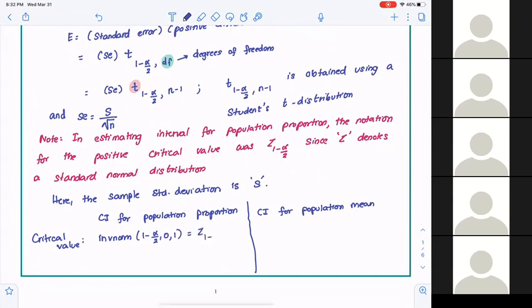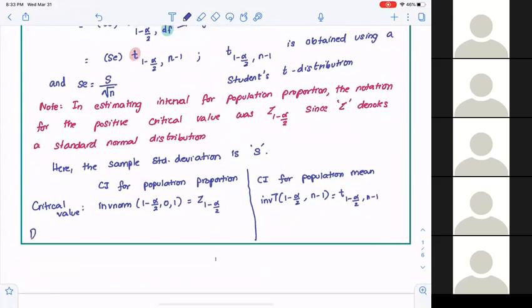That gave us z sub 1 minus alpha over 2. Here, we just have to use inverse t, 1 minus alpha over 2. And the key thing here is we have to specify the degrees of freedom, which is n minus 1. And that would give us t sub 1 minus alpha over 2, comma, n minus 1. The direct function that we used with population proportion is 1-PropZInt. Here, it would simply be a t interval.